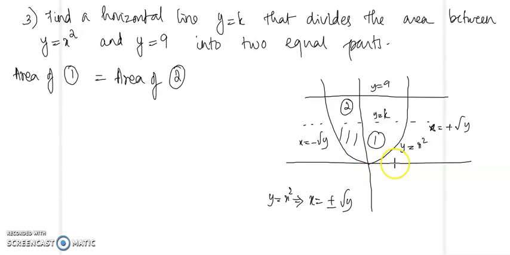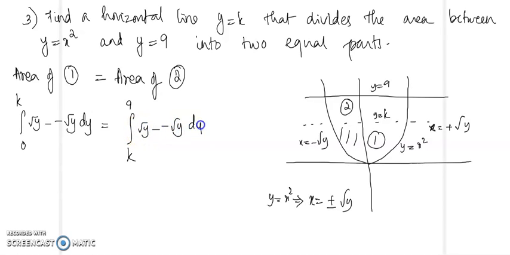Then it is bounded below by y equal to 0, above by y equal to k. So the area of first region will be integral 0 to k root y minus minus root y dy. So that will be equal to integral k to 9, again root y minus minus root y dy.